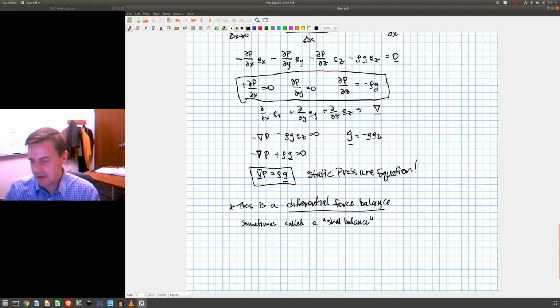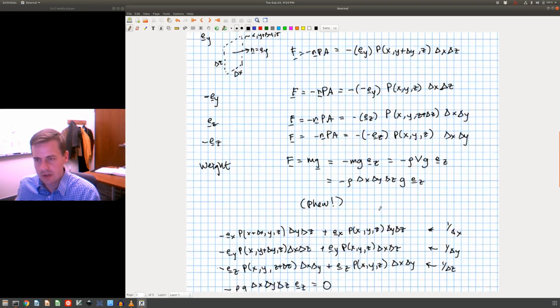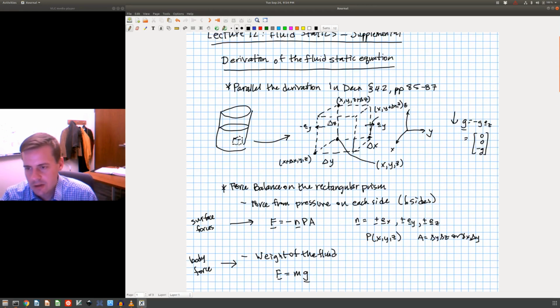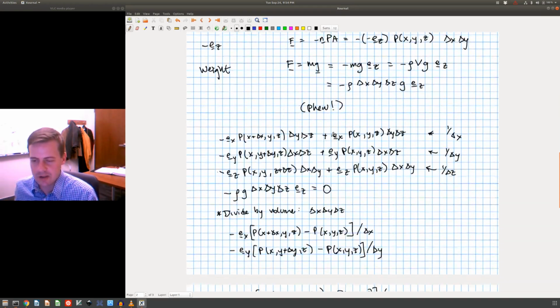Shell balances are slightly different in the way they're sometimes derived, because they use shells to account for what's coming in and out. We used this whole little cube, but you can write it as a little cubic shell, and that probably isn't super meaningful to you, but you might see shell balances later. But this is a differential force balance.